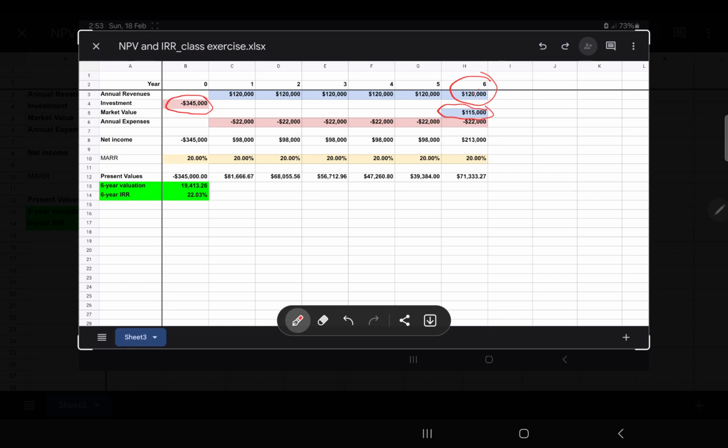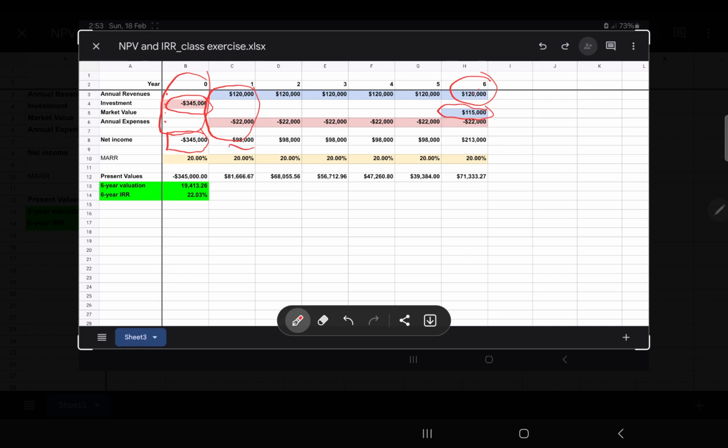To calculate the net income per year, just add the entries per row. For year 0, there is only one entry, so our net income is negative for year 0. For year 1, add 120 minus 22,000, so that is 98.